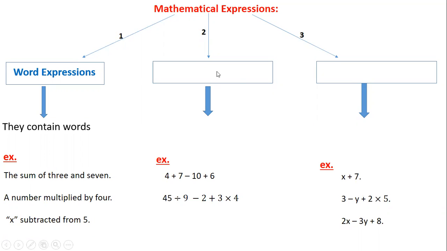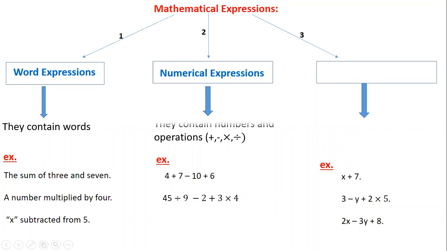The second kind is the numerical expression. Numerical expressions contain numbers and operations. For example, 4 plus 7 minus 10 plus 6. This is a numerical expression in which I have numbers and operations.